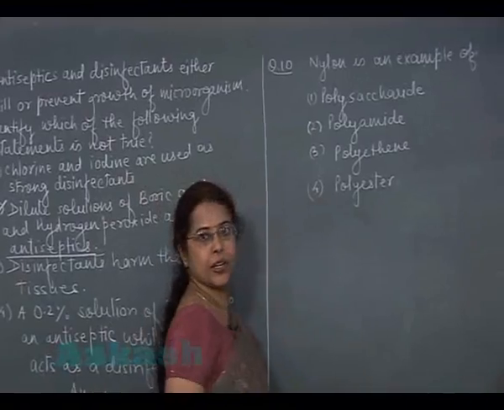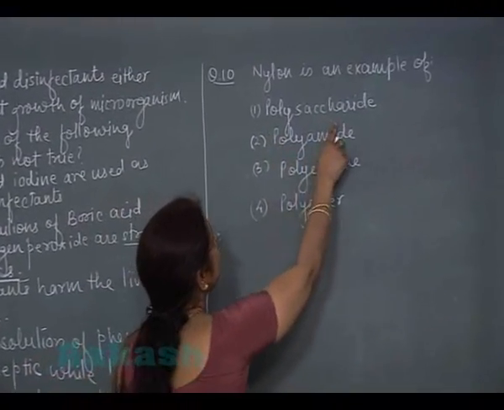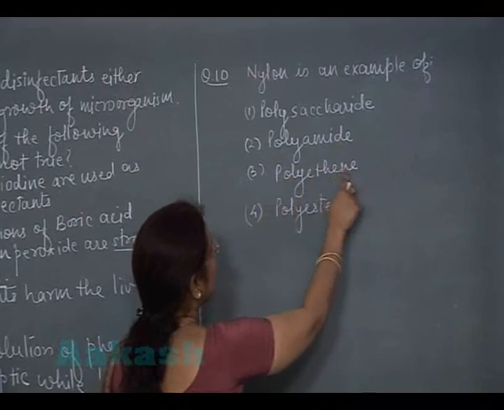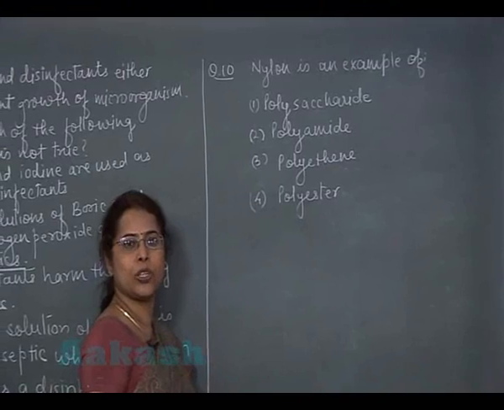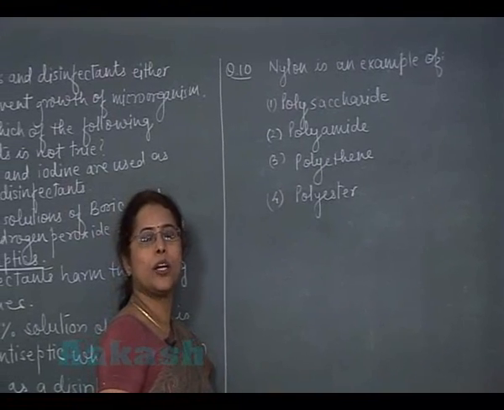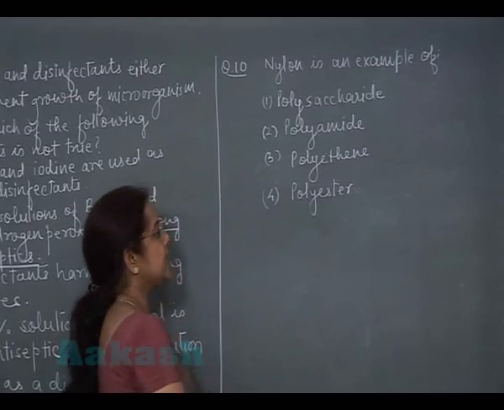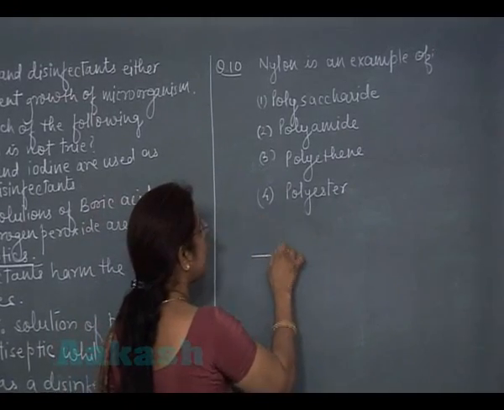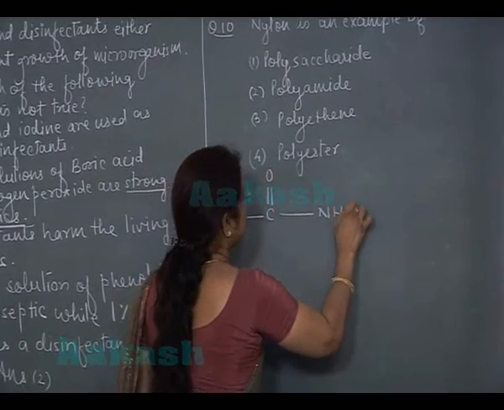Question number 10. Nylon is an example of polysaccharide, polyamide, polythene and polyester. Any kind of nylon, whether it is nylon 6 or it is nylon 6,6 or it is nylon 6,10, these polymers are having a linkage CONH.